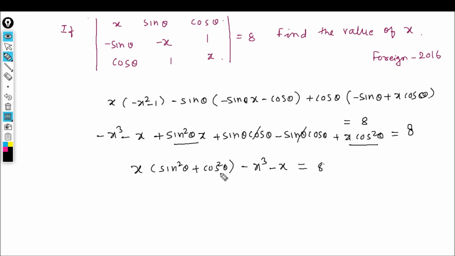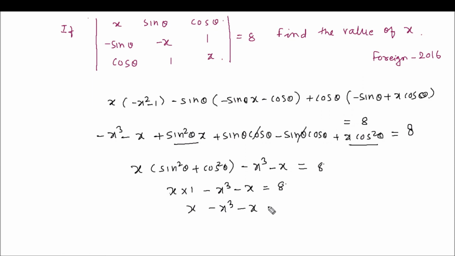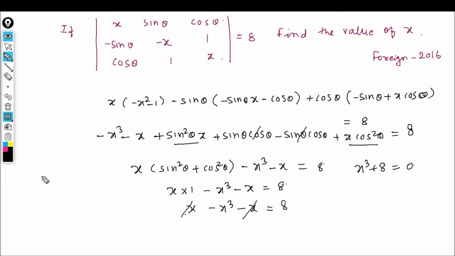तो sin square theta plus cos square theta is 1, x into 1 minus x cube minus x is equal to 8. This will be x minus x cube minus x is equal to 8. This will get cancelled. So इधर ये इसको लेंगे तो क्या हो जाएगा बच्चों, x cube plus 8 is equal to 0. अभी a cube plus b cube is equal to a plus b into a square minus ab plus b square.